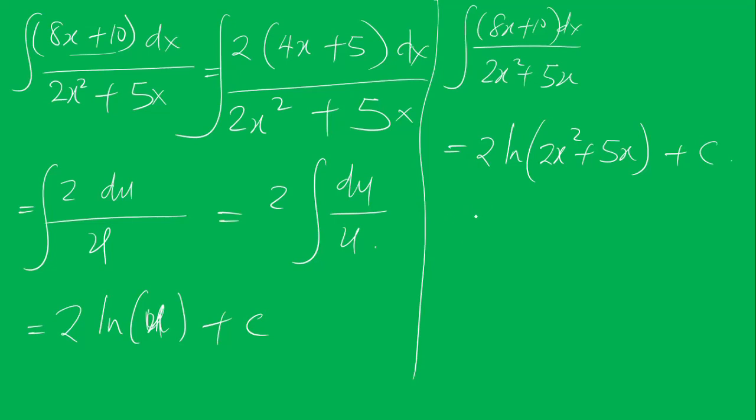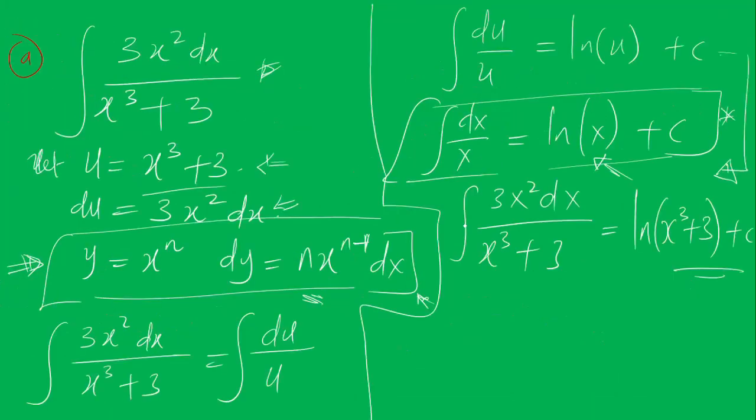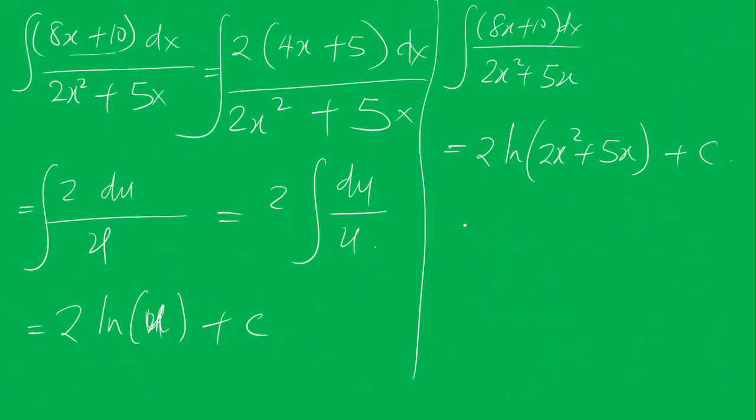Now the last question is the integral of minus e to power minus x plus 7 divided by e raised to power minus x plus 7x dx.